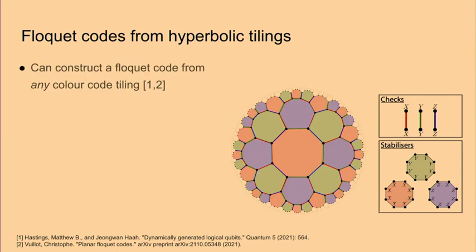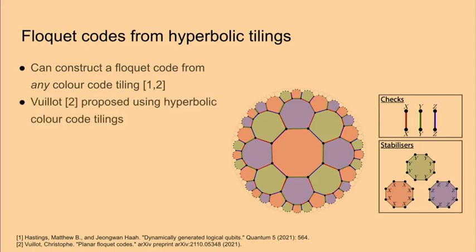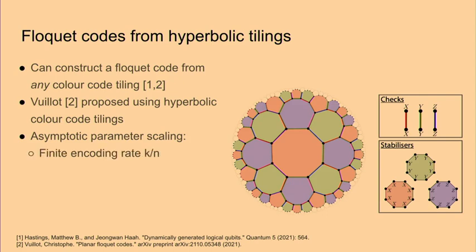So in our work, we consider Floquet codes from hyperbolic tilings. And it's known that you can construct a Floquet code from any color code tiling. A color code tiling is just a tiling with 3-colorable faces and degree 3. Christophe Rio proposed using hyperbolic color code tilings in reference 2, and noted that the asymptotic parameter scaling is the same as for hyperbolic surface codes.